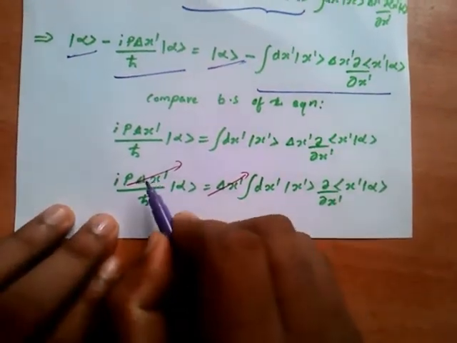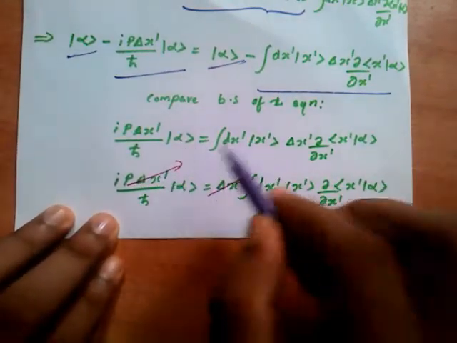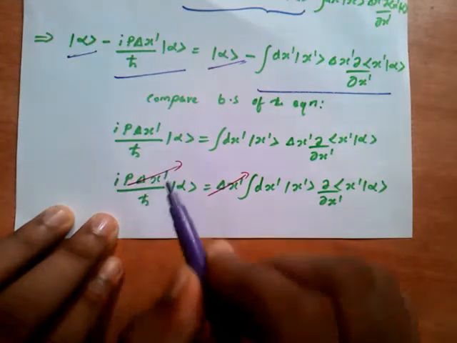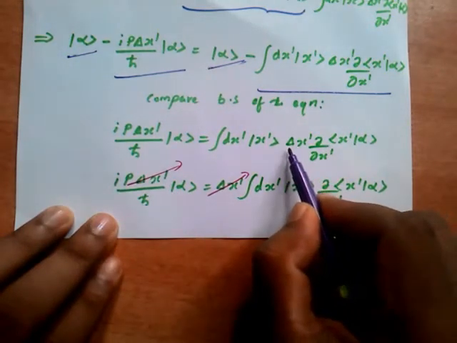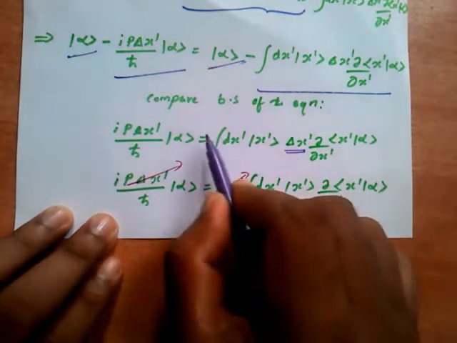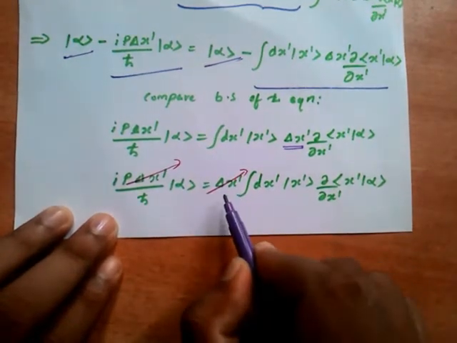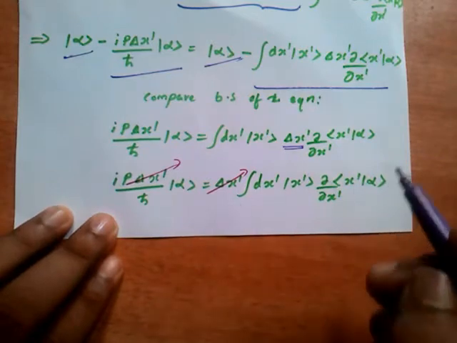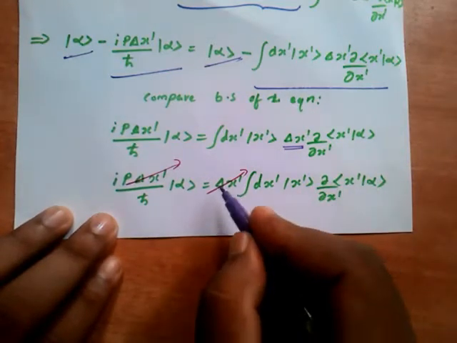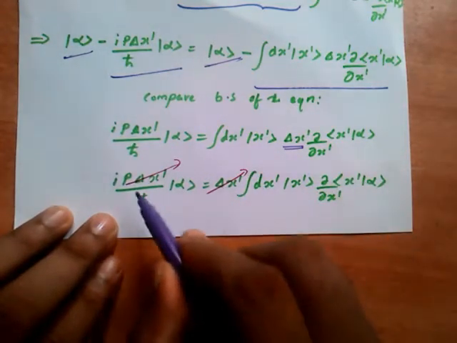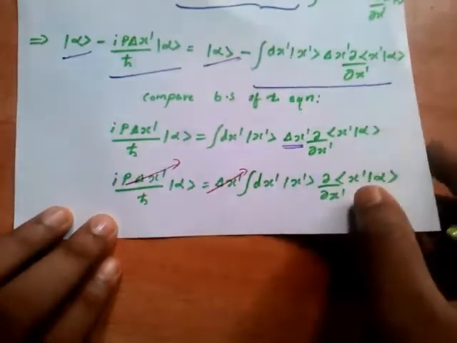Okay, and on both sides there is a delta x dash term. This delta x dash term we can take outside of this integral because this is a finite distance, it's a finite and constant value, so we can take it outside. That's why this got cancelled.